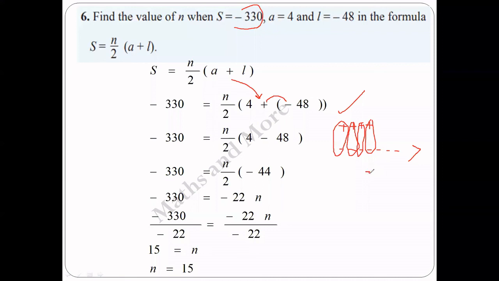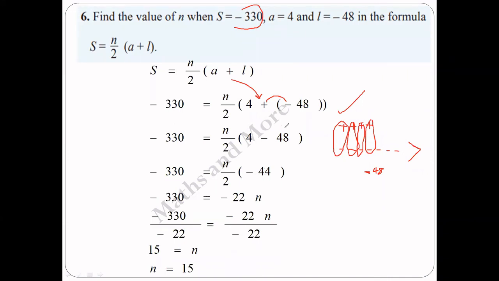From these 48 minus signs we cancel 4 minus signs. The arrow represents all the 48. We removed 4 minus signs, so only 44 minus signs remain. Can you understand? So this answer is minus 44.